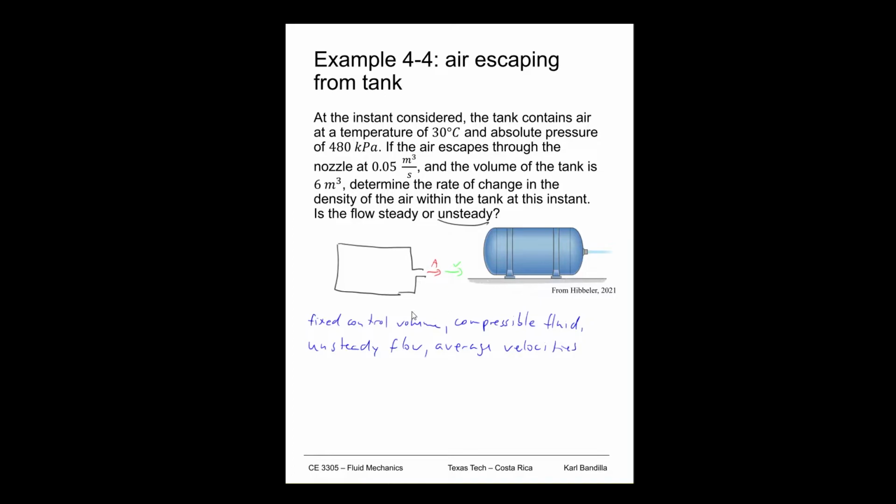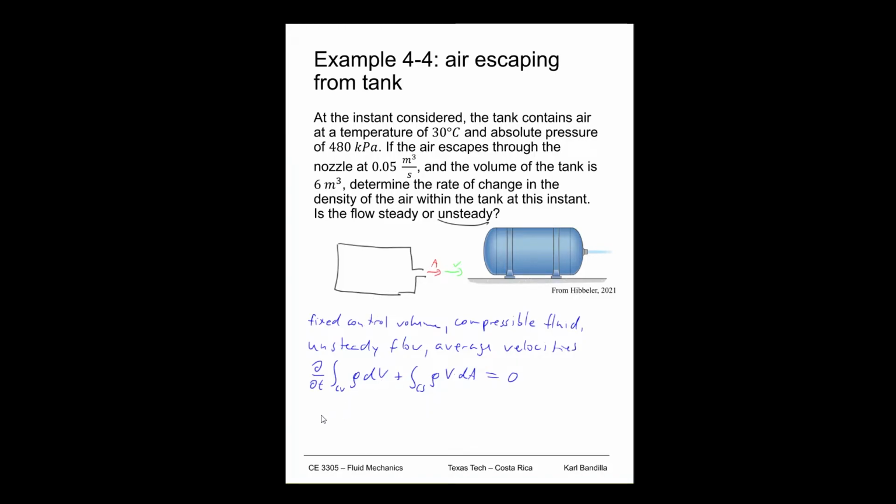All right, with that, I think we have everything we need to get started. So we can go ahead and once again write our continuity equation: d/dt of the integral over the control volume of rho dV plus the integral over the control surfaces of rho times V dA, and all that has to be 0. Now in our case, we know that we have internal changes. The volume doesn't change, but the density will change.